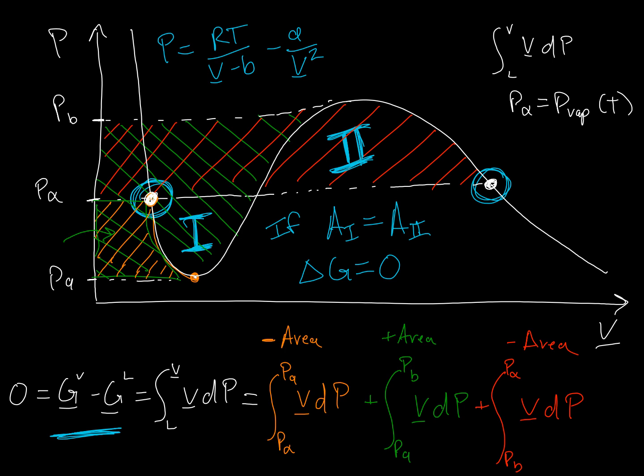So when you're using this approach to do phase equilibrium with a cubic equation of state, you draw some isotherm, right? We've drawn the isotherm here at some temperature. Then you have to guess a pressure that you think is probably the vapor pressure. You draw a line. That's your best guess of what the vapor pressure is.